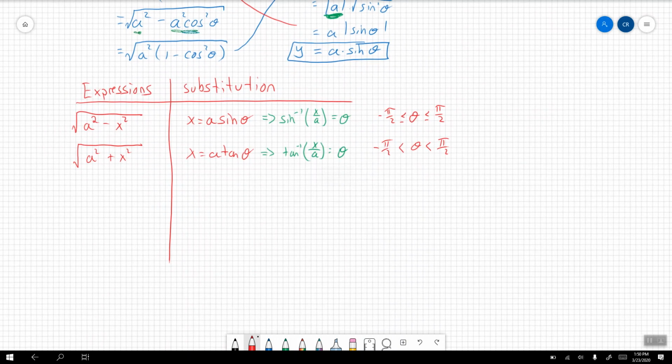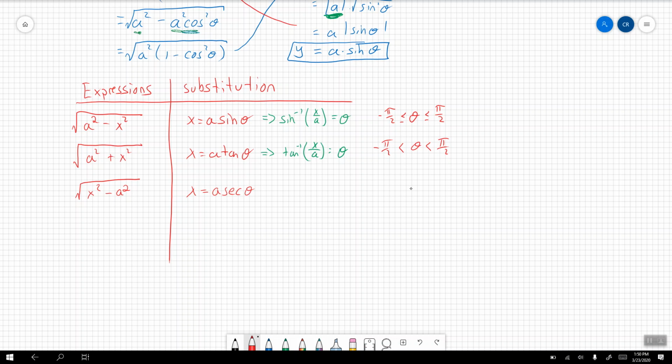So the last scenario that we're going to discuss here is when the integrand contains an expression of the form square root of x squared minus a squared. The natural substitution that we're going to want here is x equals a times secant of theta.